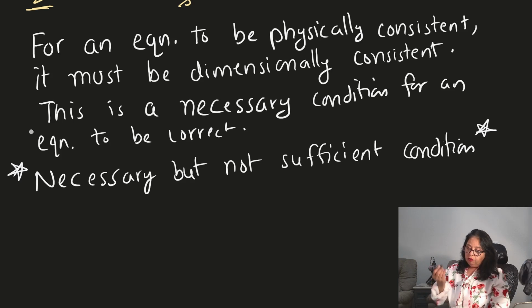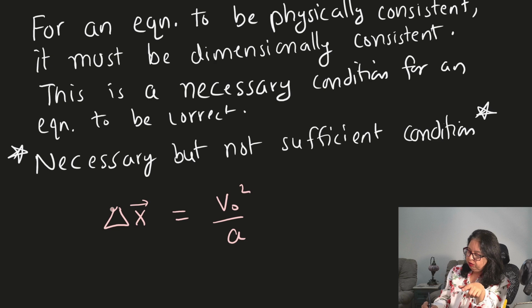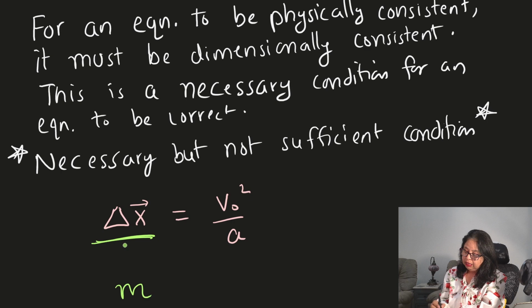Let's see an example of an equation that is dimensionally correct but actually incorrect. Let's say delta x equals v naught squared divided by a. Let's see if this equation is dimensionally correct. On the left-hand side, we should have units of meters, and the units on the right-hand side should also reduce down to meters.